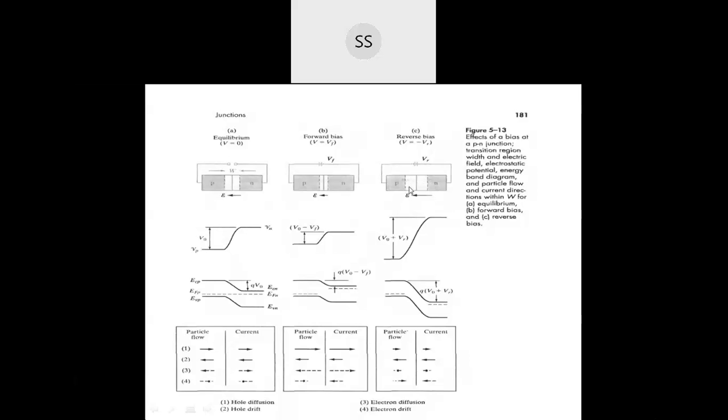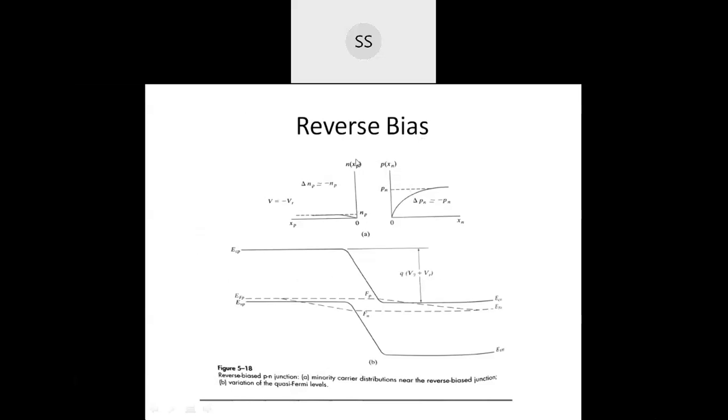Now these two edges are represented here like this: n of x_p axis, p of x_n axis. So you can imagine that this is the dotted line from where our N region will begin, and this is the edge where the P region is going to end.